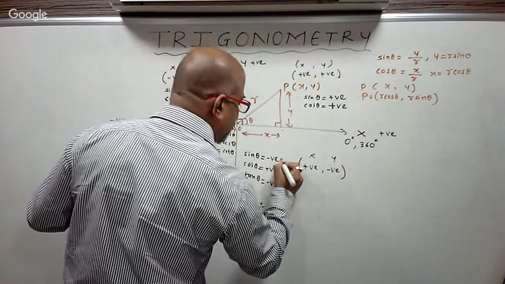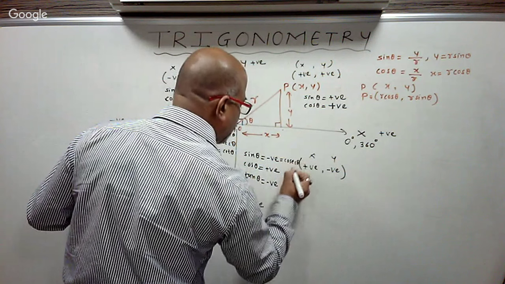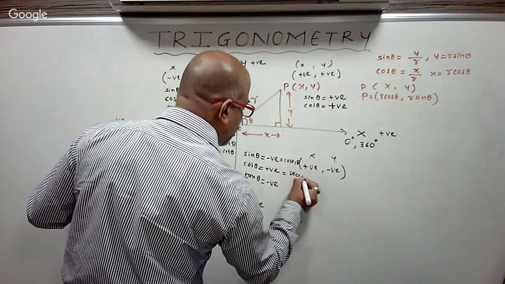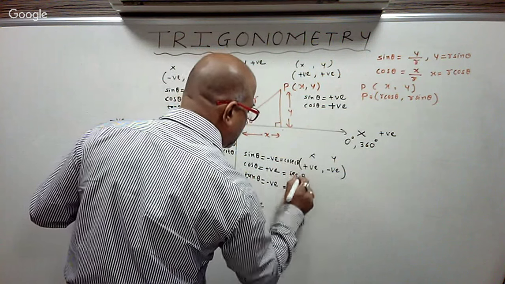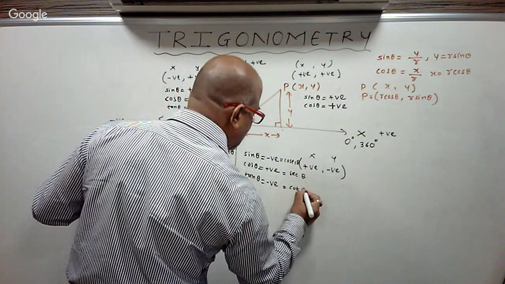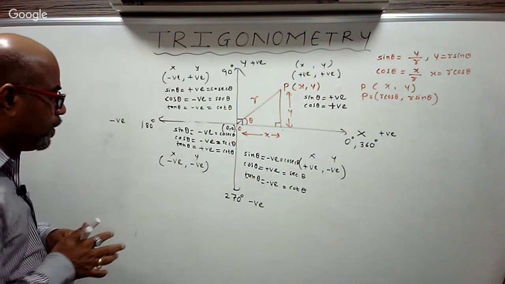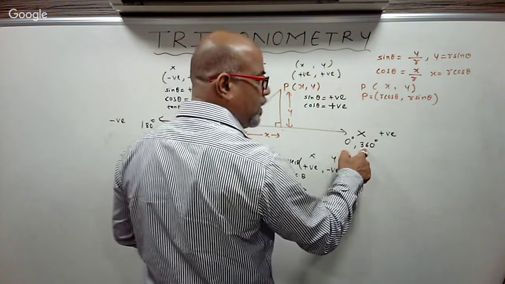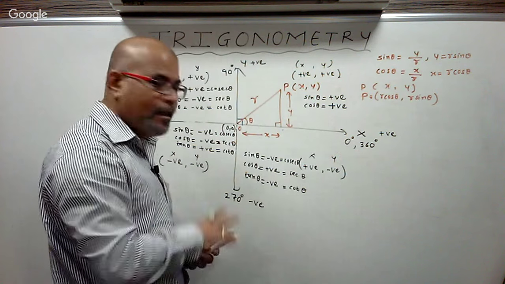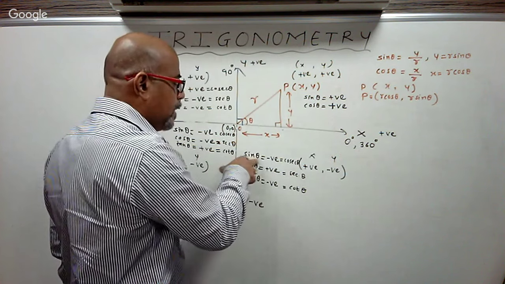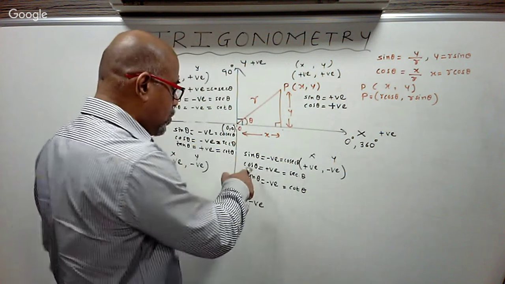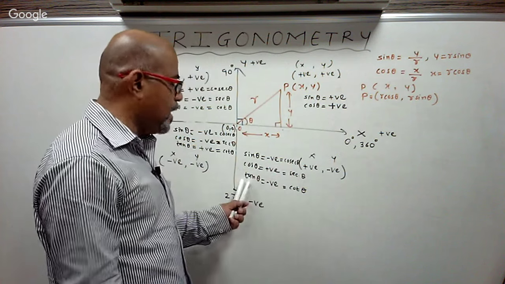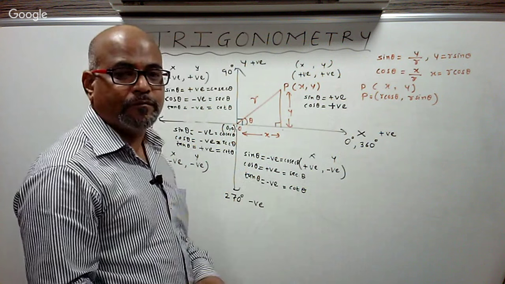Then sine is negative, so cosec theta is also negative. Here sec theta is positive and cot theta again negative. That means between 270 to 360 degrees, in the fourth quadrant, sine and cosec are negative, cos and sec are positive, tan and cot are negative.